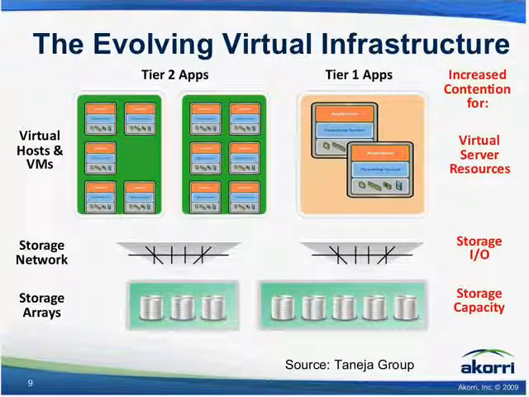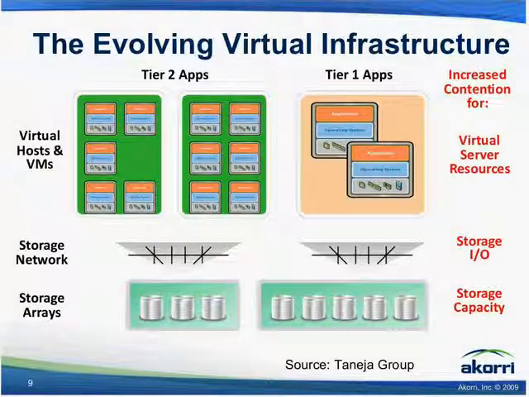When you look at it, it's really the increased contention for virtual resources, storage I/O, and storage capacity. How many gigabytes of memory do I need? How many gigahertz of CPU do I need? Do I need to upgrade my virtual infrastructure? Do I need to take a look at the new processors that are coming out from AMD and Intel? How do I understand how much storage I/O each application is doing?